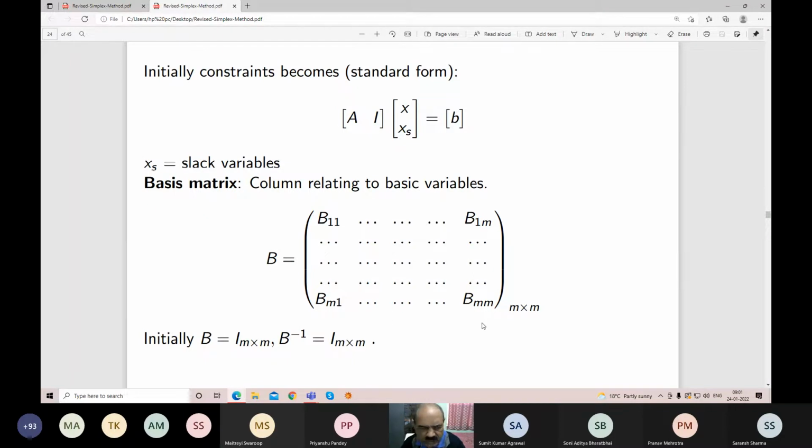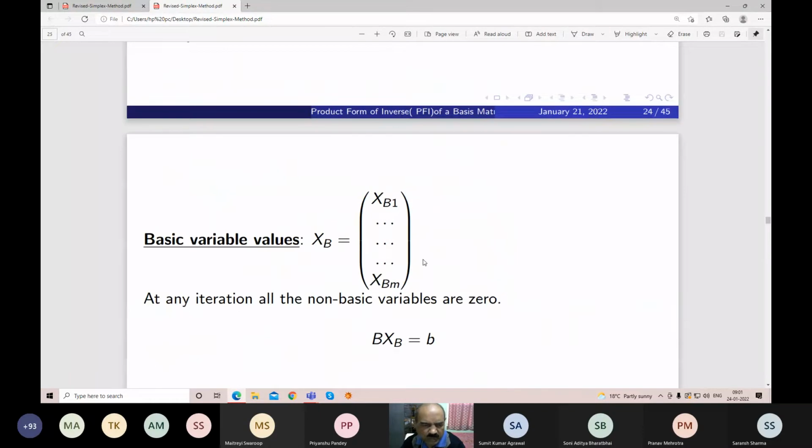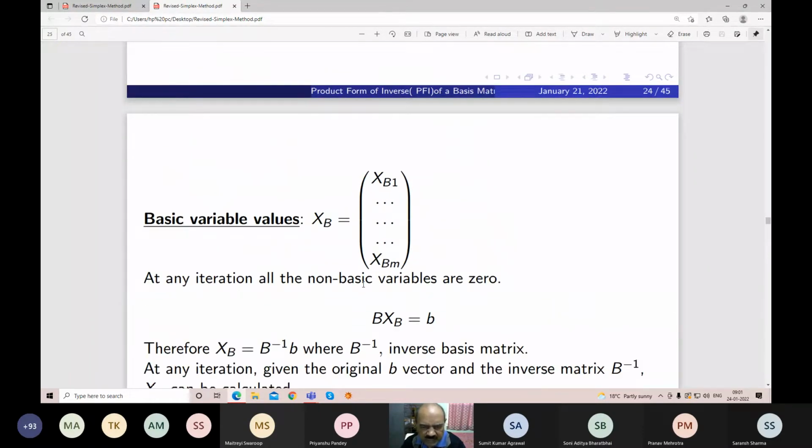This is the basis matrix, and its inverse is also the same. With respect to this, we are going to have the computation. These are the basic variables; generally, basic variables are the slack variables.